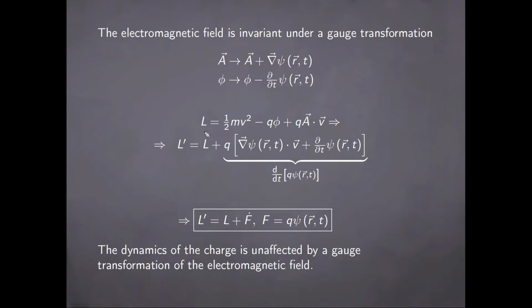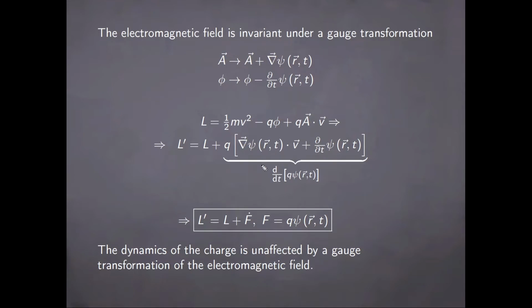If I write the Lagrangian with these new potentials, so I start from its definition and I just include these new functions and work things out, I obtain a new Lagrangian L prime that is equal to the old one plus the charge Q multiplying the gradient of psi in a dot product with the velocity plus the partial derivative of psi with respect to time.